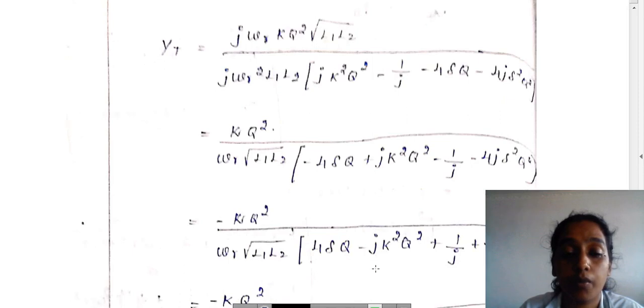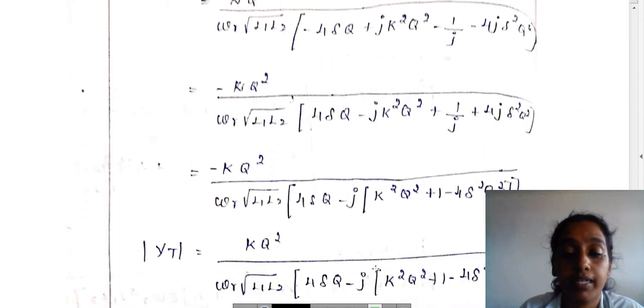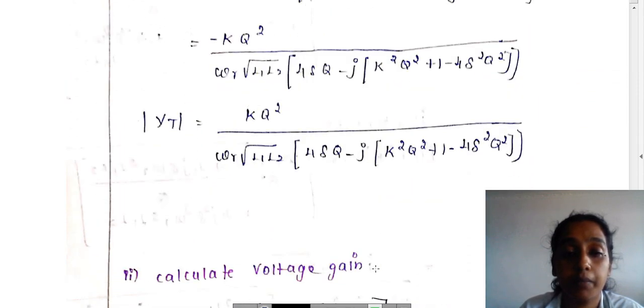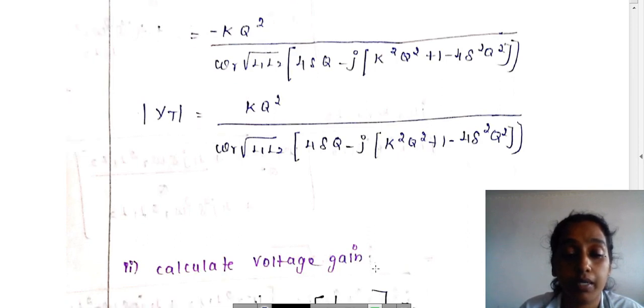Taking out the common terms, finally I get the total admittance as k Q square by omega r root L1 L2 into 4 delta Q minus j k square Q square plus 1 minus 4 delta square Q square.